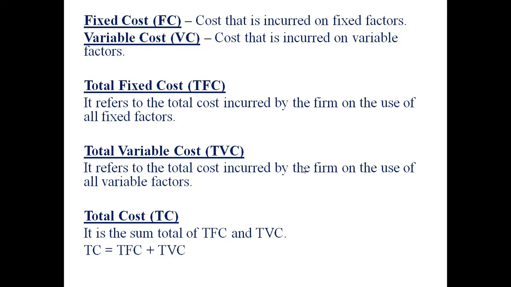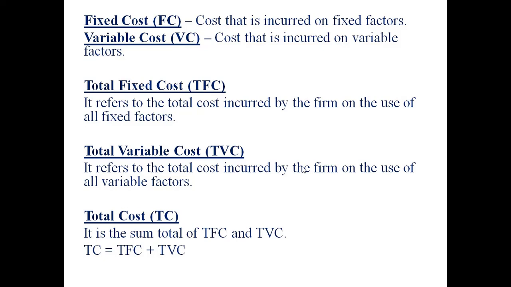So basically, all the factors of production are variable in nature. So in the short run, one factor, that is primarily labor, is supposed to be variable. It is supposed to be fluctuating, whereas the other factors, that is land, capital, and organization, are assumed to be fixed. So these are called the fixed factors. So the cost that is incurred on the fixed factors is known as the fixed cost.